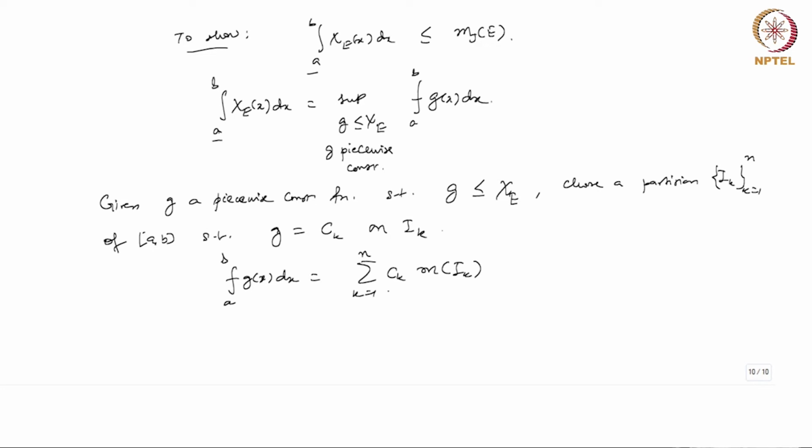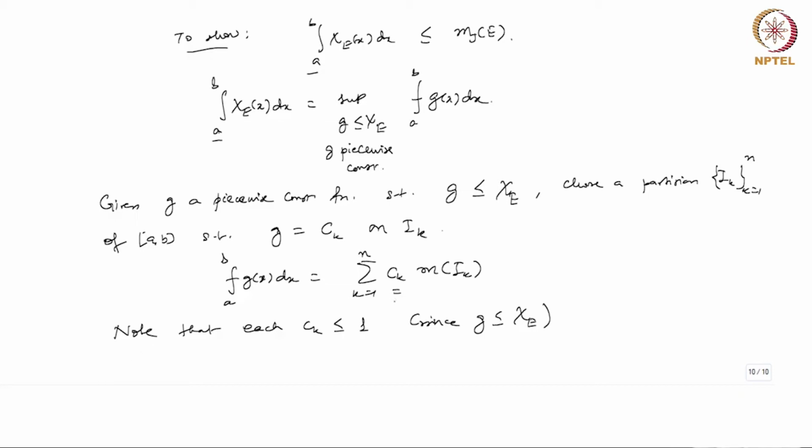Now in this sum we note that each c_k must be less than or equal to 1, since g is less than or equal to chi_E, and the indicator function takes the value at most 1. So each c_k is less than or equal to 1.